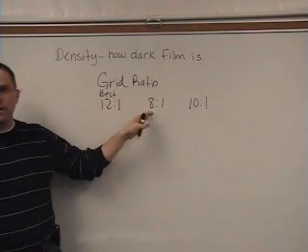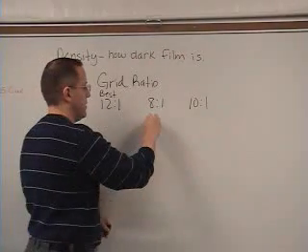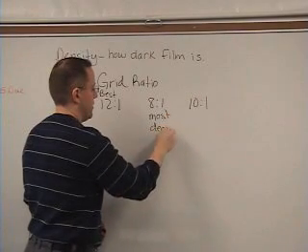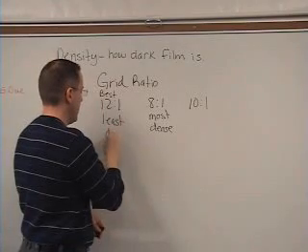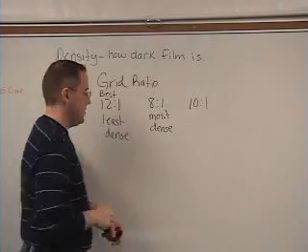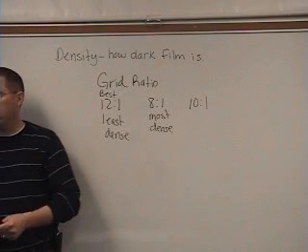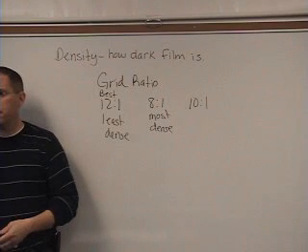So that's going to give you a darker picture, which is more dense. So this would give you the most dense X-ray. This would give you the least dense. So as you increase the grid ratio, you decrease the density. In other words, the higher the number, the lighter your X-ray is going to turn out.